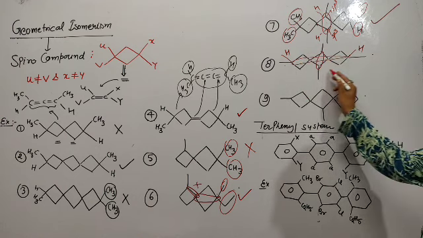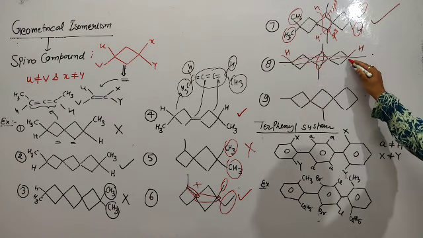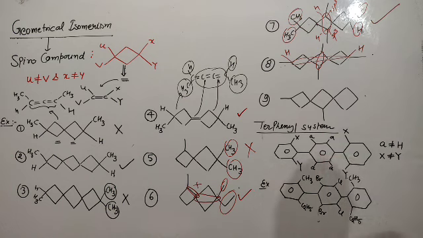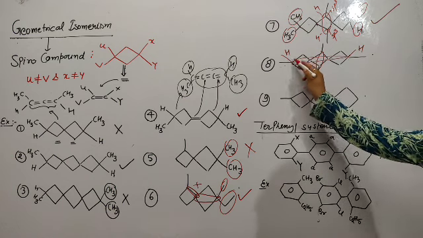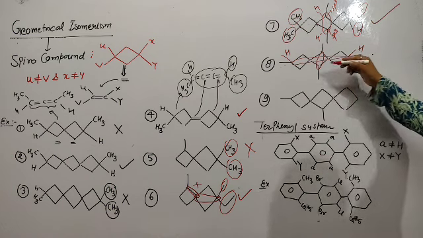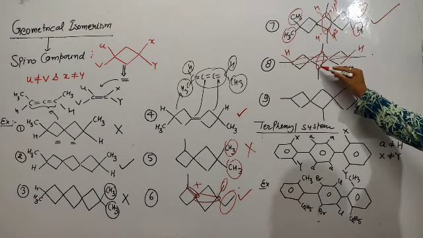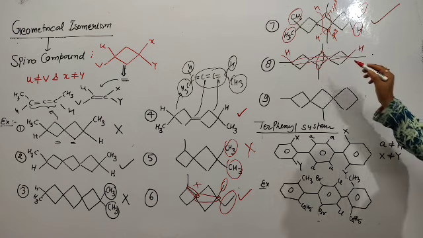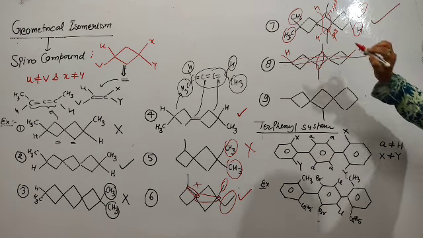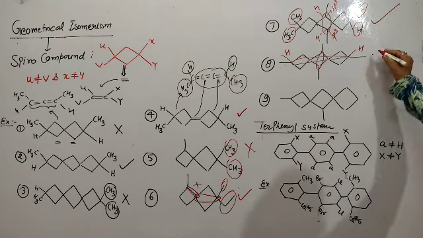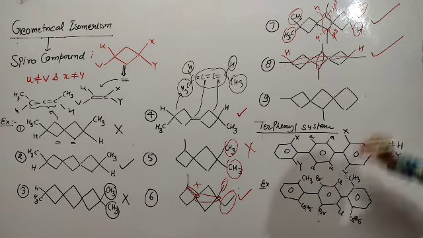Double bond means odd number, and both terminal groups are different. So between this carbon and this carbon, this molecule shows geometrical isomerism. And in the middle ring sp3 hybridized and hydrogen. So here also due to this ring, this molecule shows geometrical isomerism. So net this molecule shows GI.